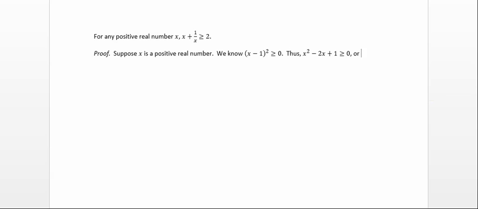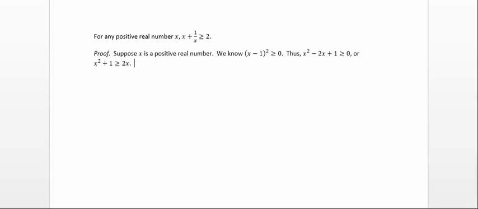And then I'll do the next step, which I know from my scrap work is to bring the 2x to the other side. X squared plus 1 greater than or equal to 2x. And let me start a new line there. Okay. Period. There we go. Okay.